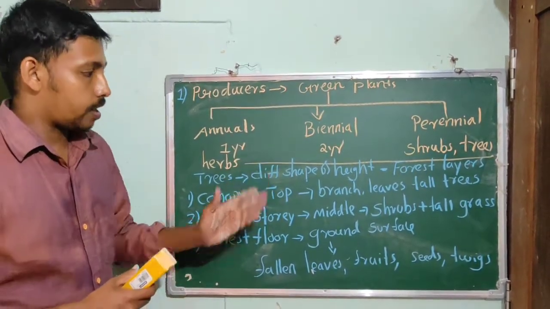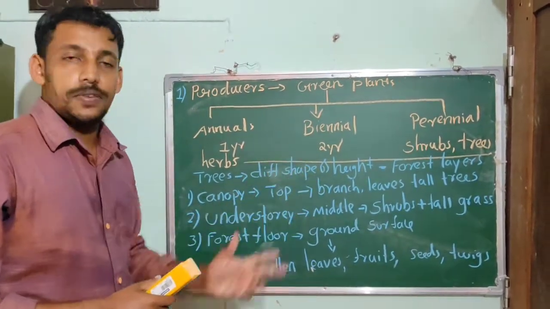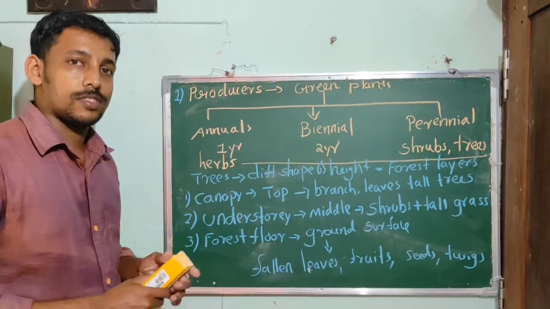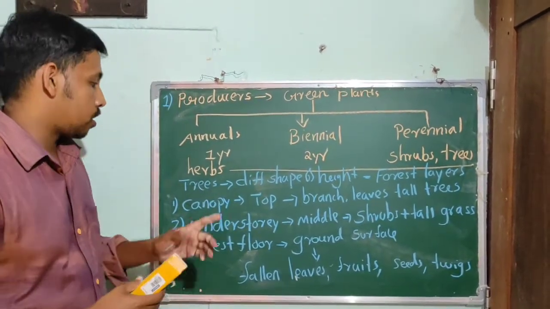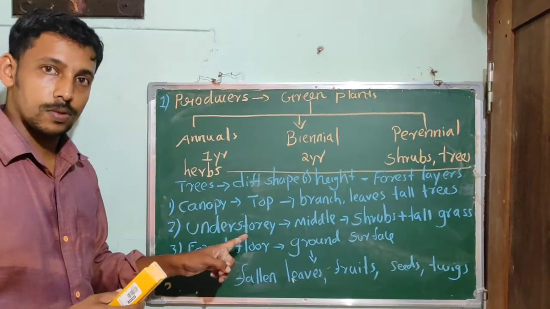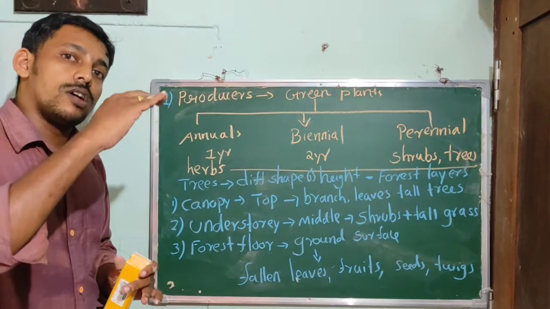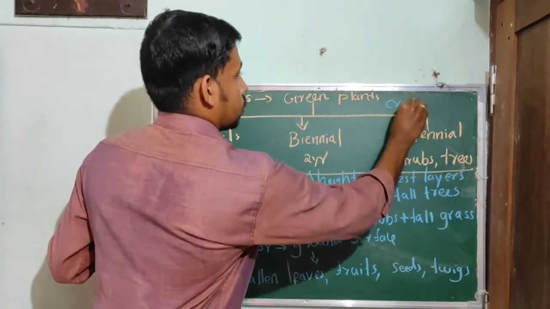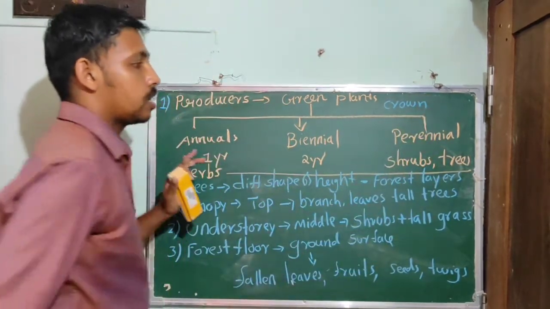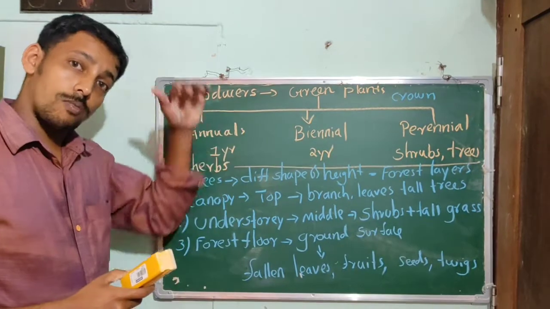The topmost layer is formed of the branches and leaves of tall trees, which is known as the canopy. The branches and leaves of the tall trees just above the stem are known as the crown. So this region is known as the canopy, the topmost layer.